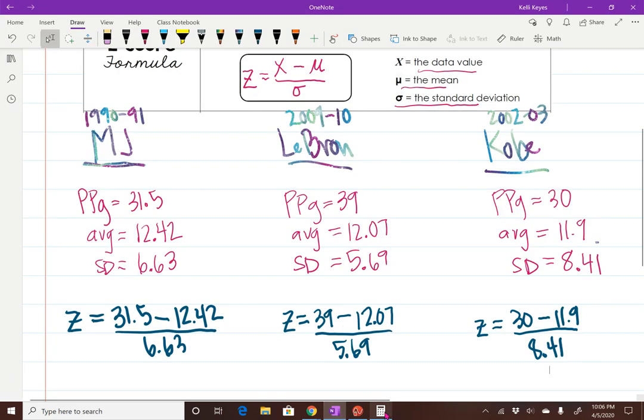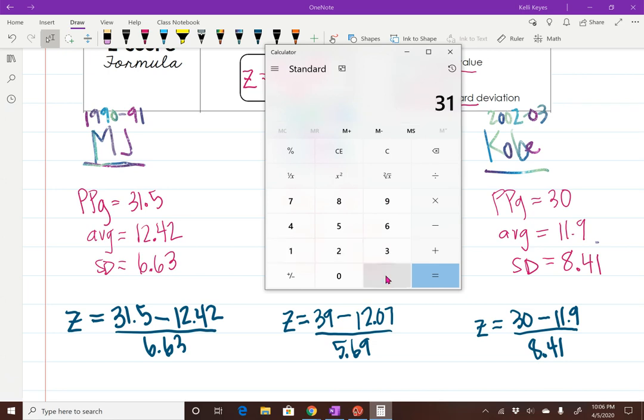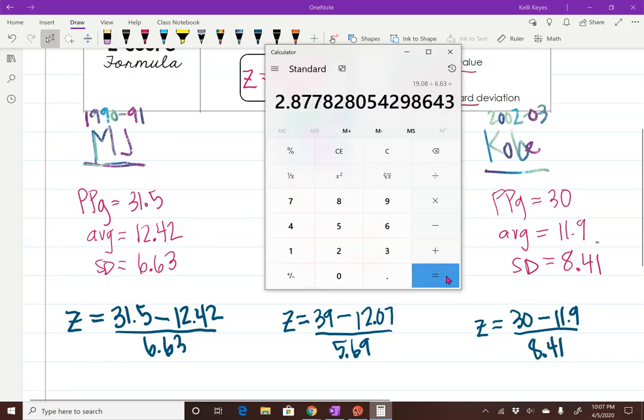Anyway, for Michael, I'm going to go 31.5 minus the 12.42 equals, get that value, and then divide by 6.63. Otherwise, if you enter it all at once, it just might divide only these two and then subtract it from 31.5, which is not what we want.